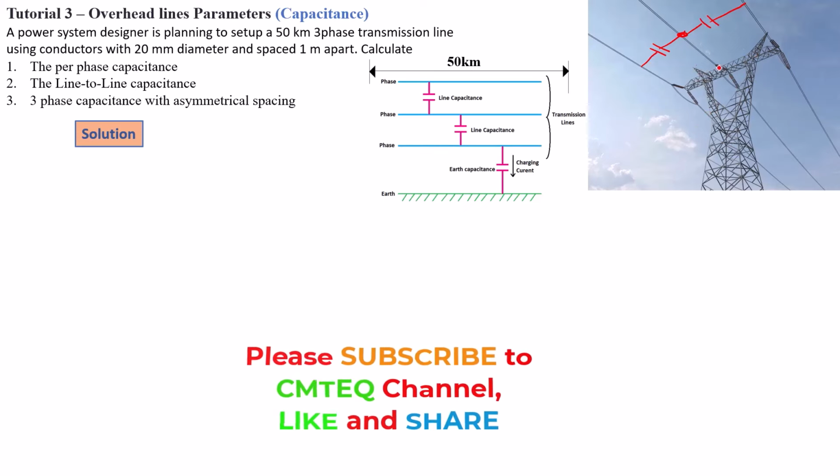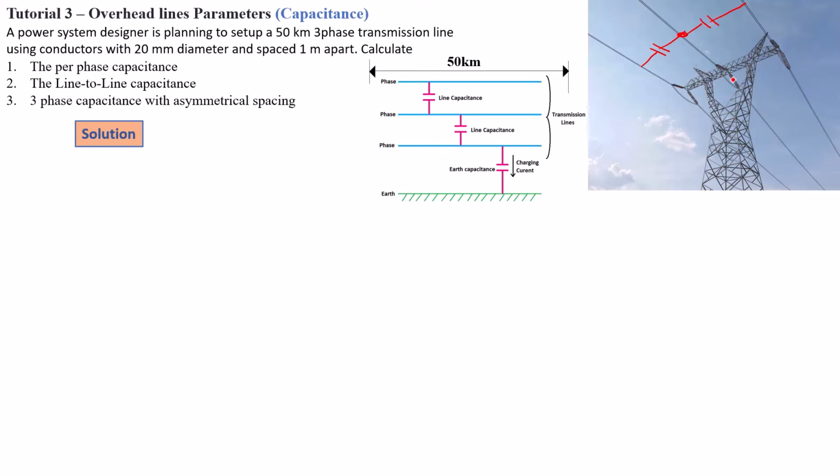So what causes these capacitances? Now it's very simple. In the overhead transmission line, this capacitance is simply the ability of this line here to store electric charge between the conductors, as you can see. But now the storing of this electric charge is caused by a few other factors, one of which is the permittivity of the free space that basically will be our dielectric here that will cause that capacitance, and also the geometry of this line here.